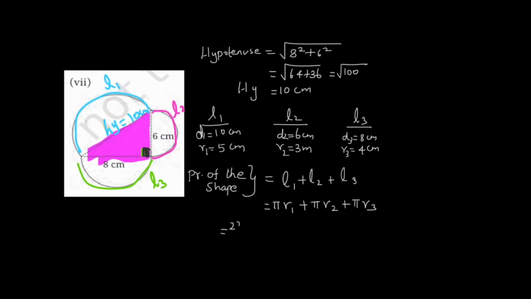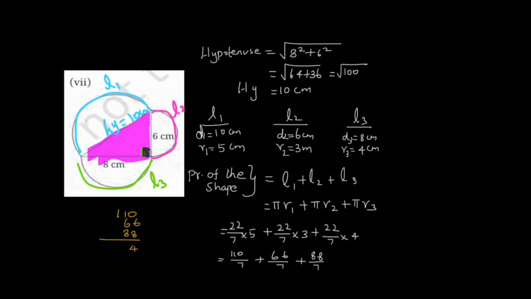So 22 by 7 into 5 plus 22 by 7 into 3 plus 22 by 7 into 4. So 110 by 7, 66 by 7 plus 88 by 7. When adding all three numbers, 110, 66, 88, we get 264 by 7.